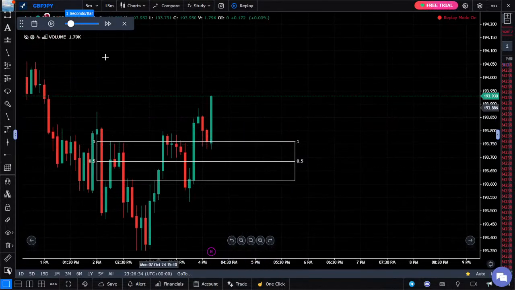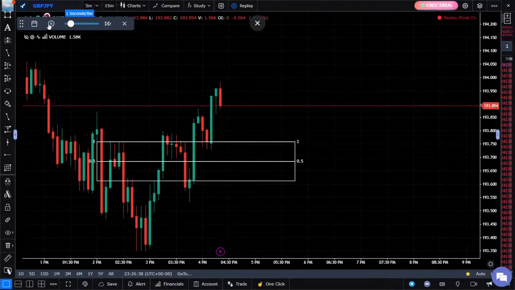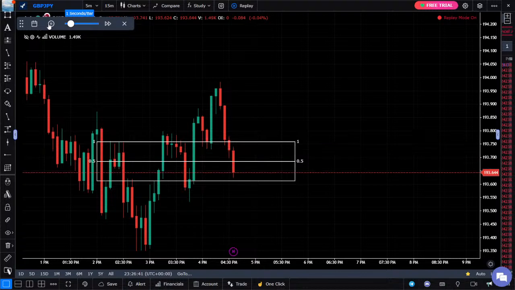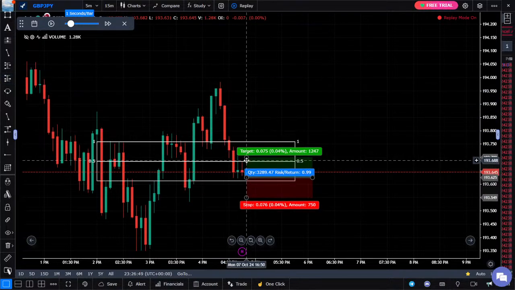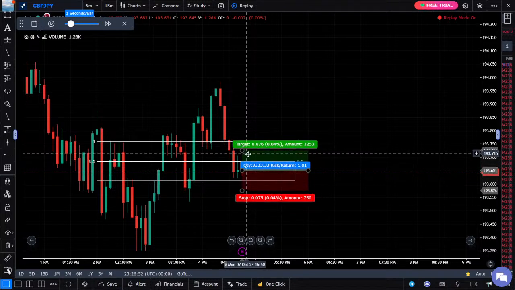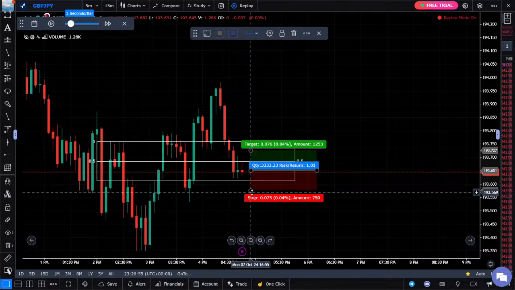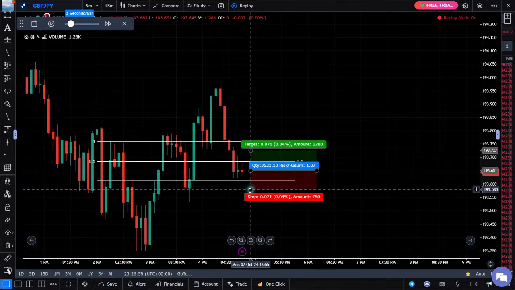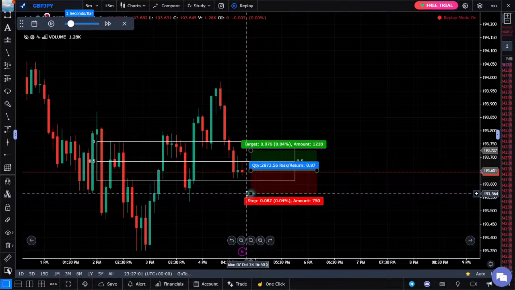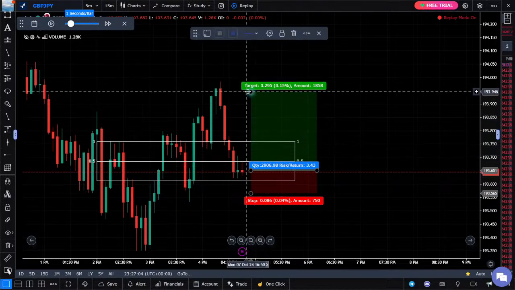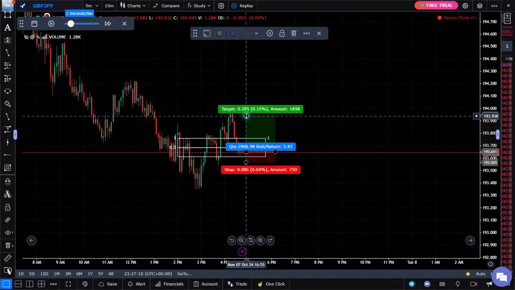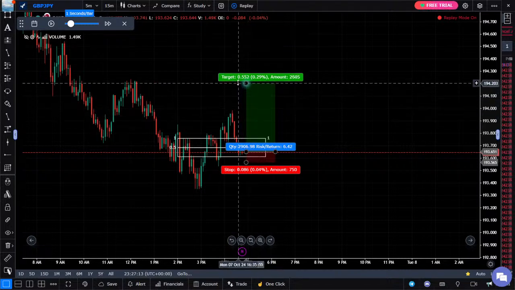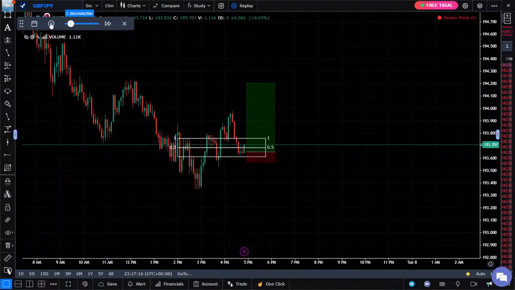It's tested it and it's not coming through. Okay, never mind. I think this would be the best time for a long. Put it there. See how it plays out.